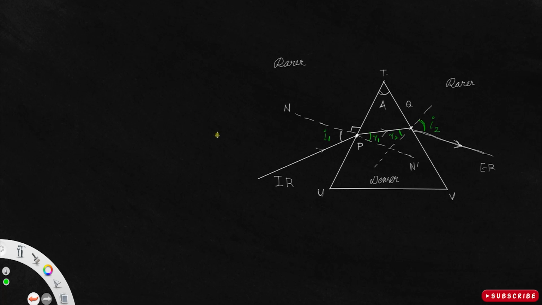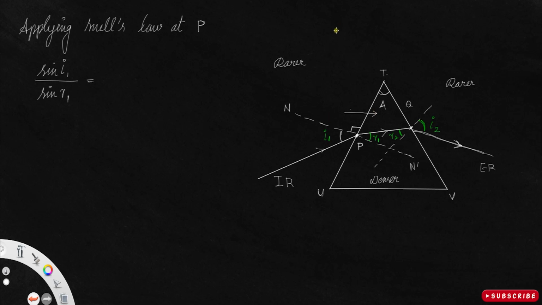Now we know, applying Snell's law at point P, Snell's law is like this: sine of angle of incidence, here the angle of incidence is I1, by sine of angle of refraction, here the angle of refraction is R1, equal to, see, this ray is moving from rarer to denser medium.